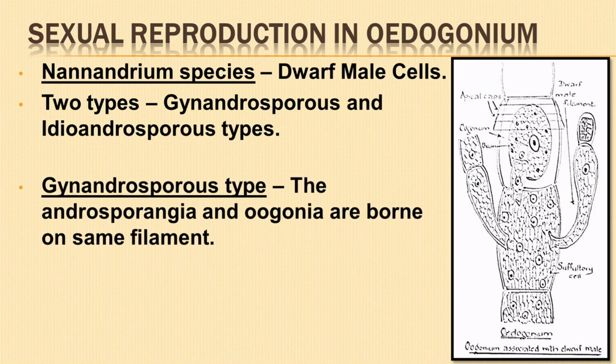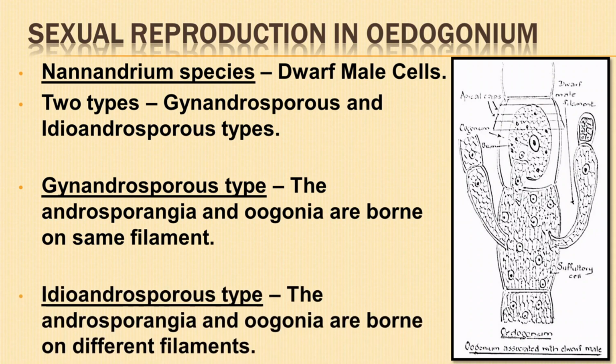In Gynandrosporous type, the androsporangia and oogonia are borne on the same filament, whereas in Oedogonium type, the androsporangia and oogonia are borne on different filaments.